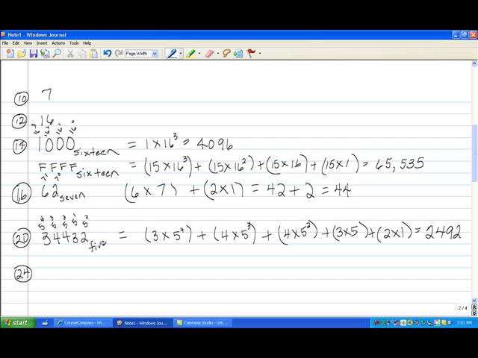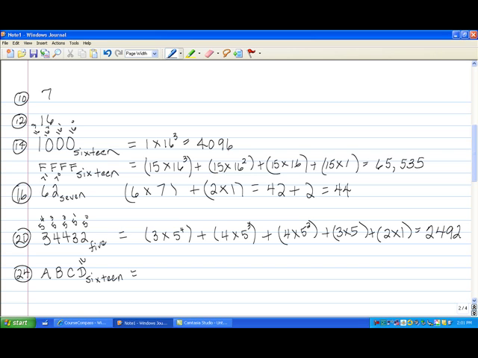Okay, 24, we have ABCD at base 16. I know it looks strange, a number with letters in it. Okay, so A represents 10, B represents 11, C 12, and D 13.